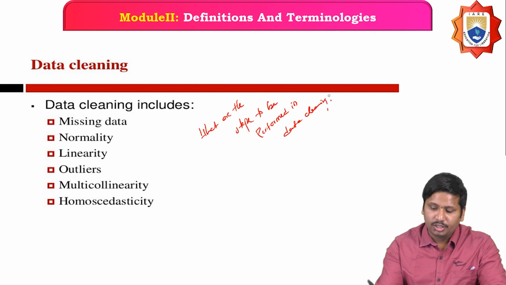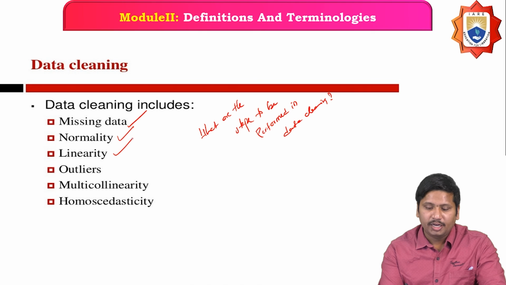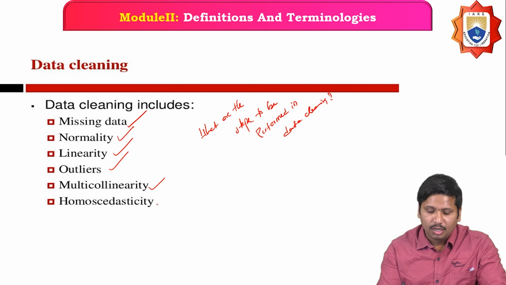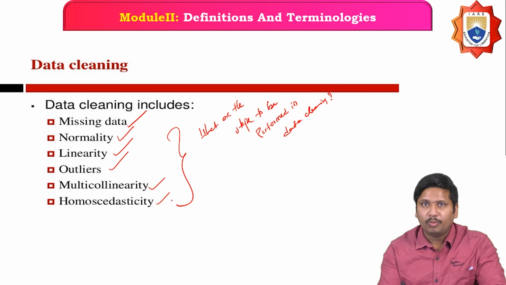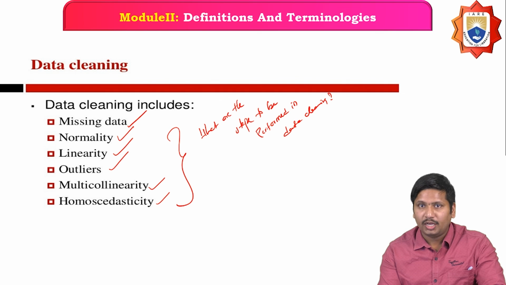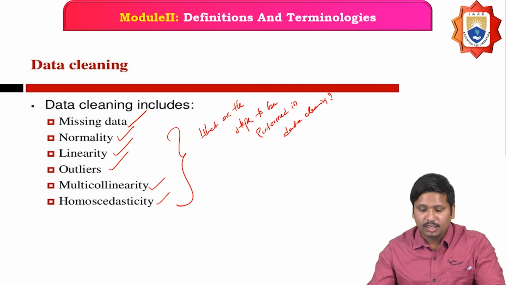Data cleaning includes missing data, normality, linearity, outliers, multicollinearity, and homoscedasticity. These are the steps performed in data cleaning. For missing data, what is missing has to be identified, and then normality, linearity, outliers, multicollinearity, and homoscedasticity are checked.